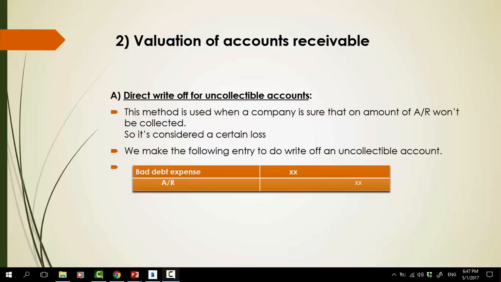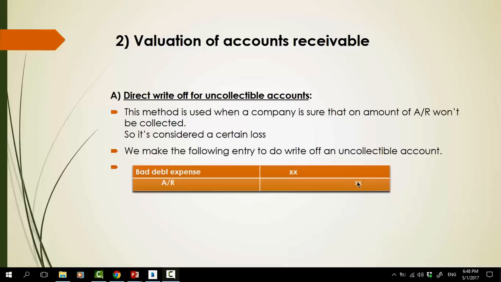For sure the portion that will not be collected will be considered a loss, called bad debt expense, and for sure expenses are recorded in the debit side, and we didn't collect the receivable, then the account receivable decreased as the amount of money will be written off. This means that it will not be collected, then the account receivable will decrease in the credit side.